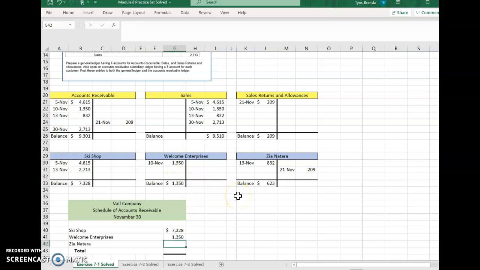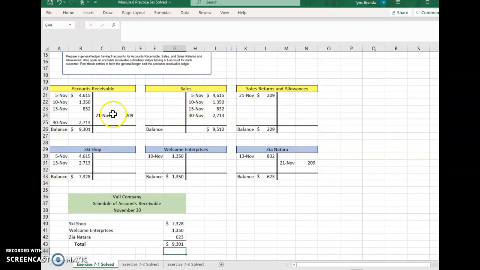And Zia Natera, $623. We'll total that up. And we get $93.01, which is in balance with our accounts receivable. If it weren't, we would have to go back into our accounts and search for errors.